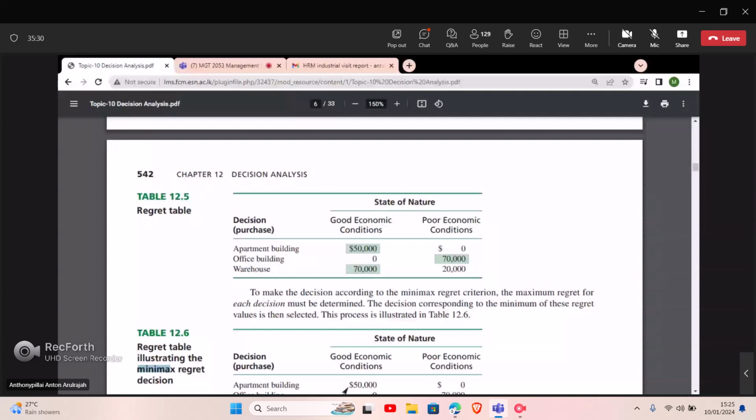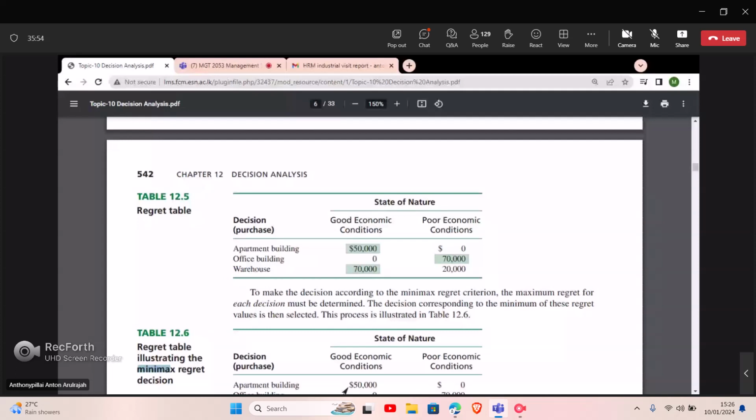Similarly, we have to do it for the poor economic condition. The maximum one is 30,000. So 30,000 minus 30,000 is 0. Then 30,000 minus 30,000 is 0 again. And the third one, 30,000 minus 10,000, is 20,000.